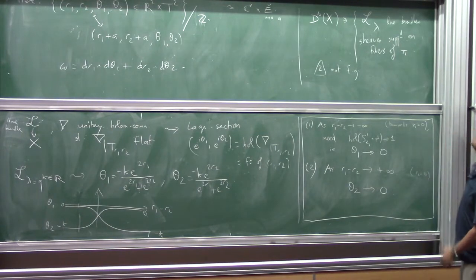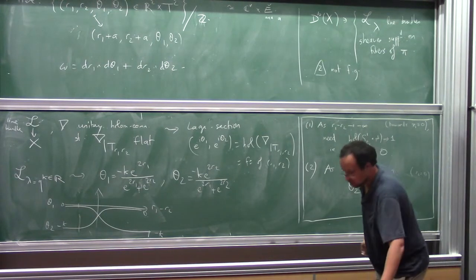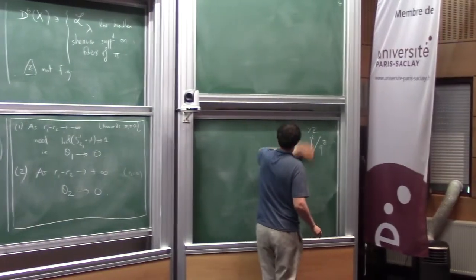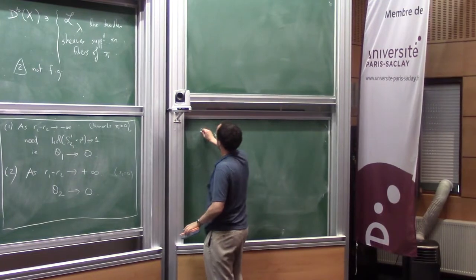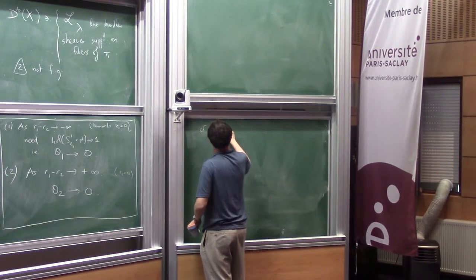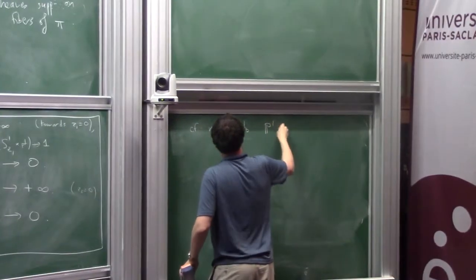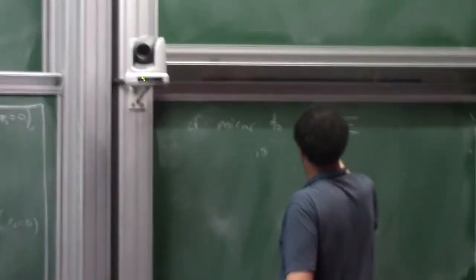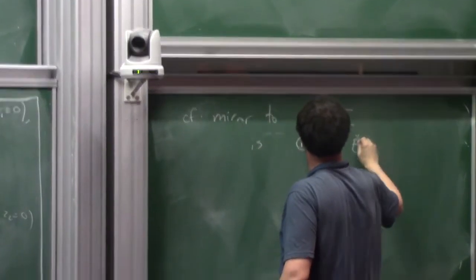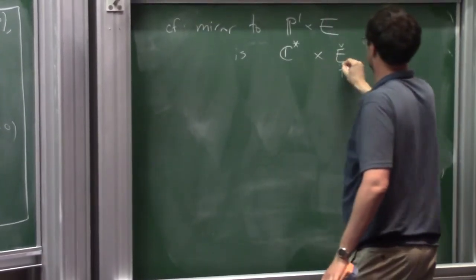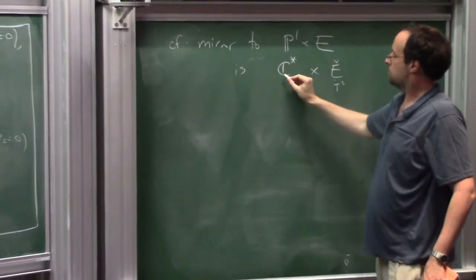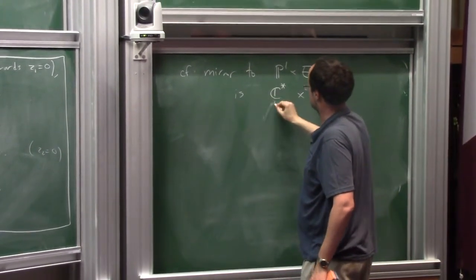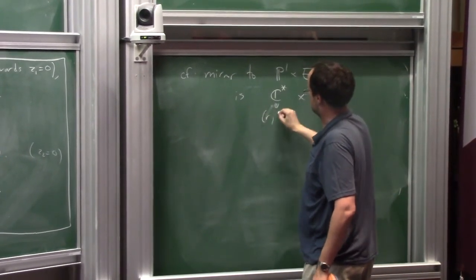So let me briefly remind you of the usual mirror, the closest comparison point. The mirror to P1 is also C star times the mirror curve, which is P2. Let's call this coordinate R and theta.